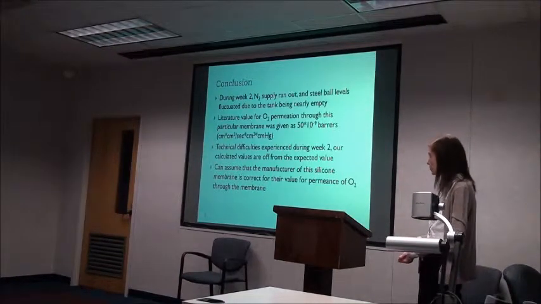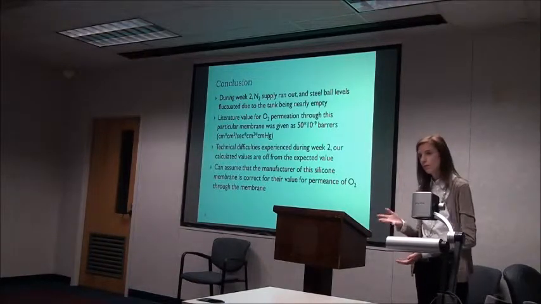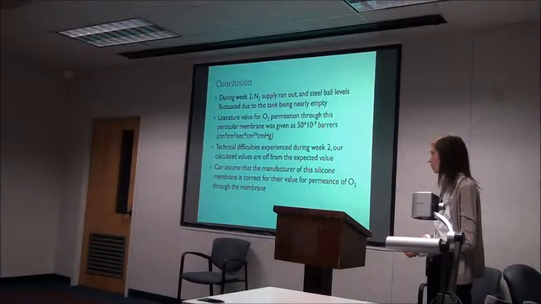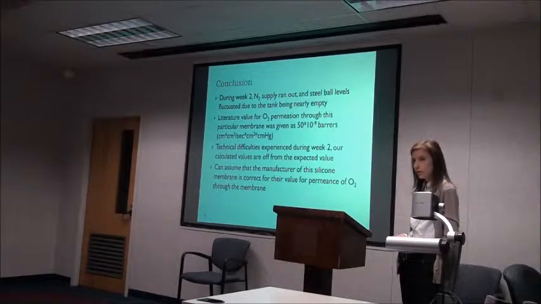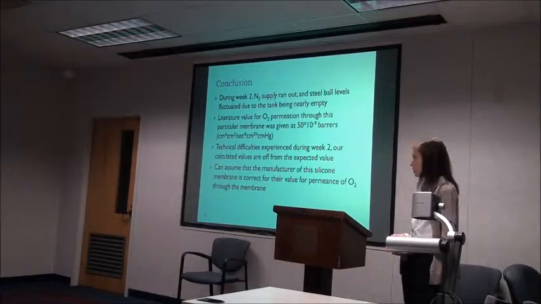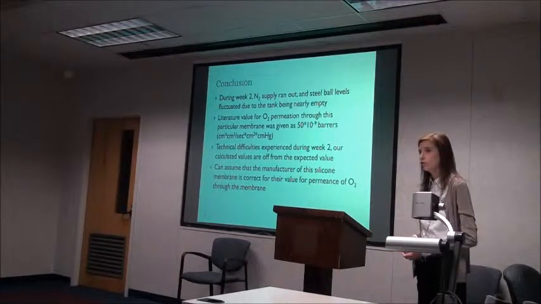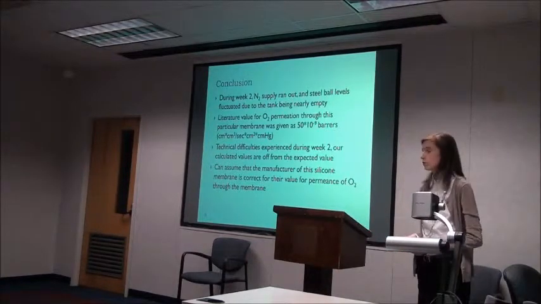Again, we had technical difficulties during week 2, so that may be why some of our values are a little off. But overall, we said that we can assume that the manufacturer of this silicone membrane is correct in their reported value for their O2 permeance through the membrane.